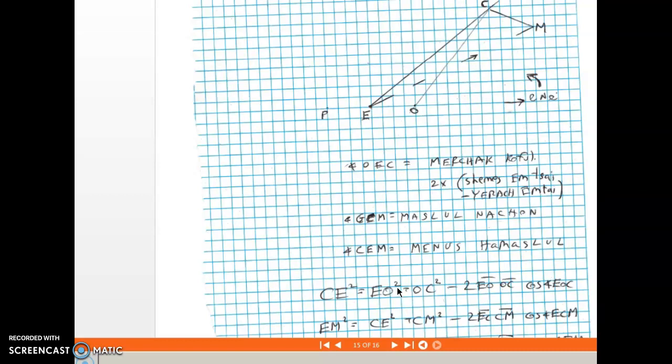And let's assume EO is 1. So OC would be, I'm going to write it down here. If you know the ratios that the Rambam gives us, I'm going to write it down here. EO is equal to 1.